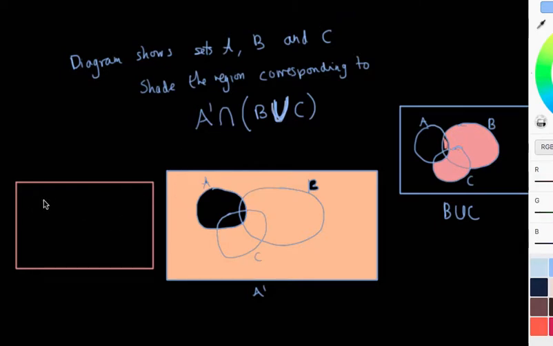So we want set A again, and set B again, and set C again. And so we want to find the complementary set of A intersecting with B union C. Take the intersection between these two diagrams.